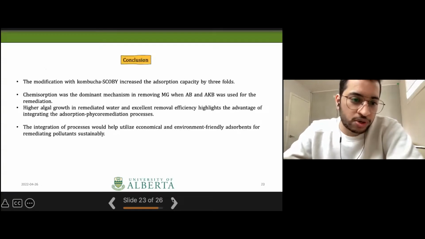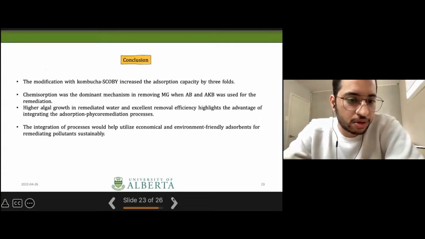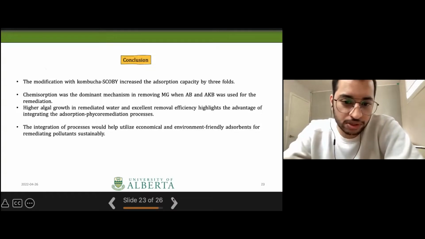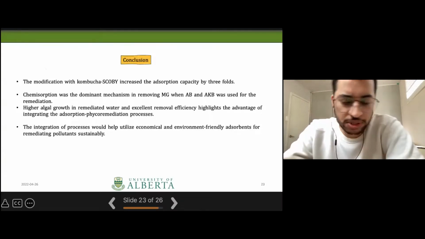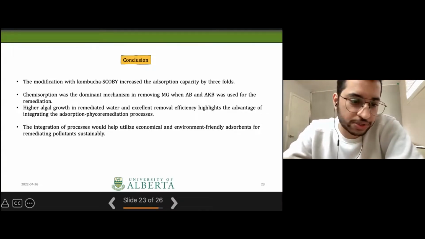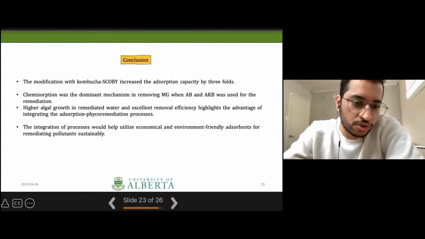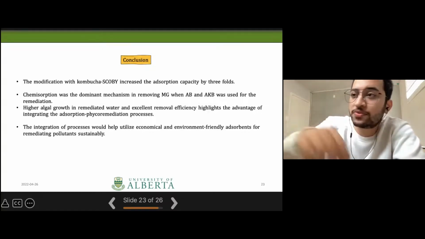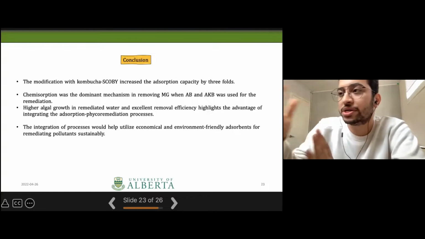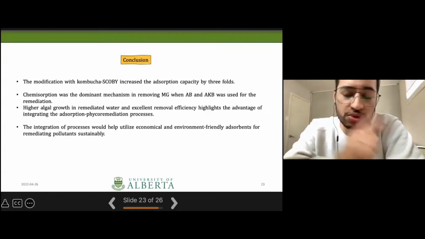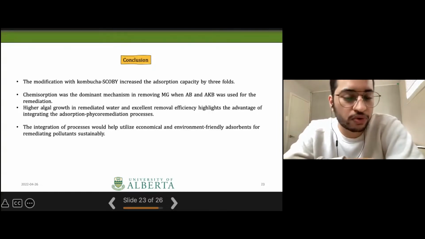So to conclude, the modification with kombucha SCOBY increased the adsorption capacity by threefold. This is a theoretical adsorption capacity. Then we observed chemisorption was the dominant mechanism in removing malachite green when algal biochar and algal kombucha biochar were used. Higher algal growth was observed when we used the remediated water for growing algae.